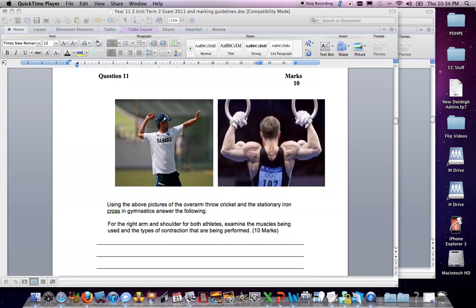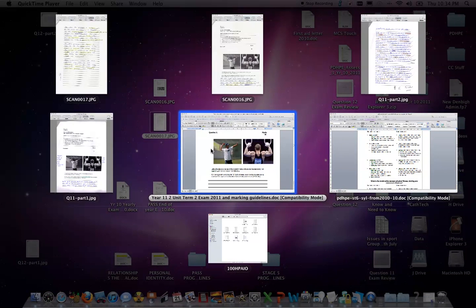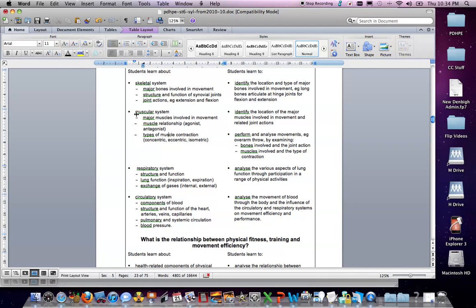Firstly, we'll just look at where this comes from in the PDHPE syllabus. The dot points that we're looking at here: the muscular systems being examined, the major muscles involved in movement, the muscle relationship in terms of the agonist and antagonist.